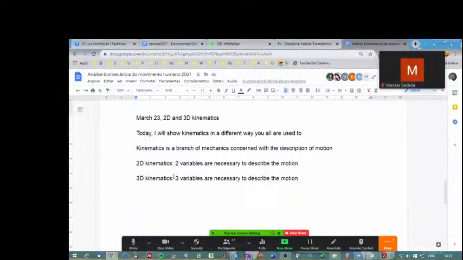But in fact, I have another option to have the same information about where is the end point of my arm. If I know the angle of my shoulder and the length of my arm, I will also know where the end point is.